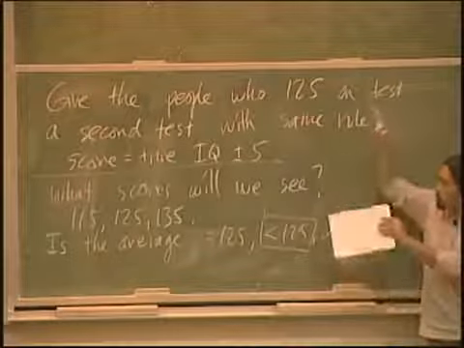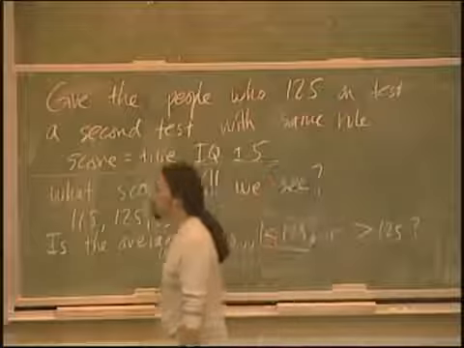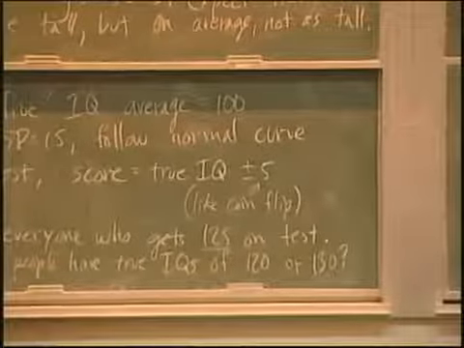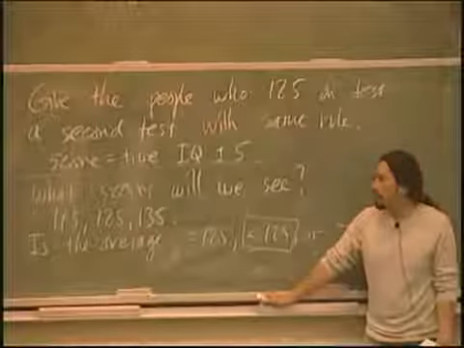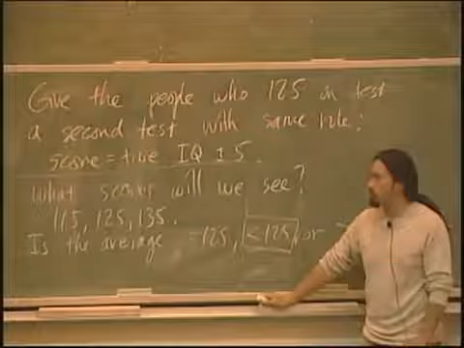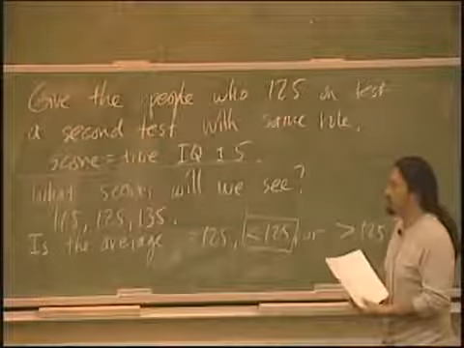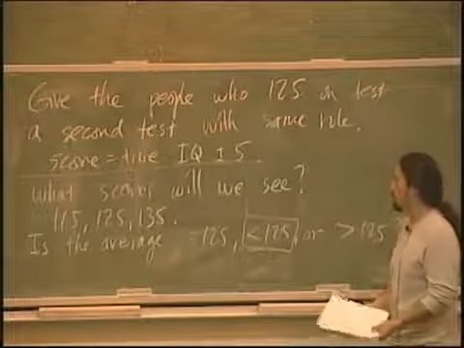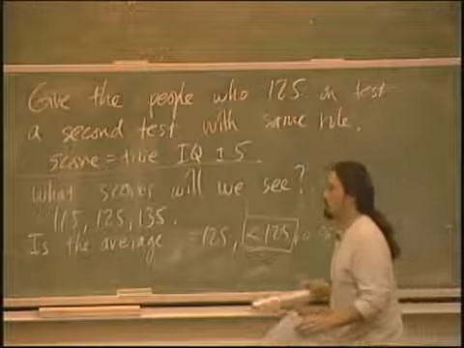If you didn't see all this stuff behind the scenes, that might be a little bit surprising. If you took everyone that got a 125 on the test and then retested them and the average scores were less than 125, right? If you didn't know anything about statistics, you might be a little bit surprised that their averages have gone down, right?